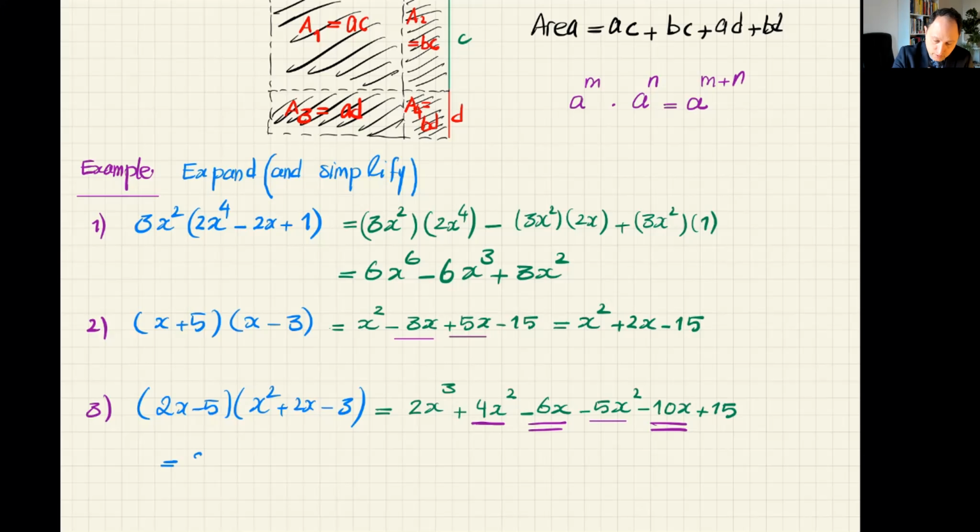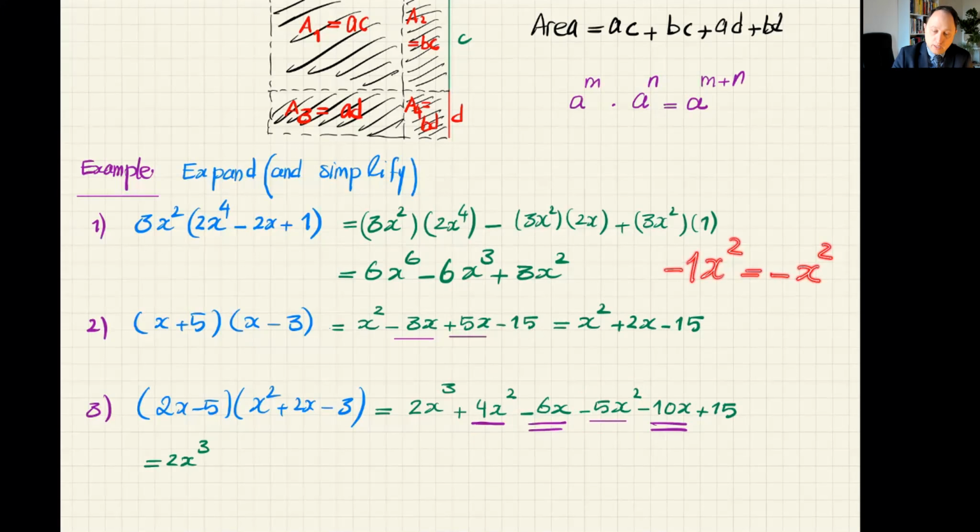Sorry, I have to change the color. So 2x cubed is alone, but I have positive 4x squared here, minus 5x squared becomes negative 1x squared, but nobody writes negative 1x squared because there is a simpler, more compact name for it.